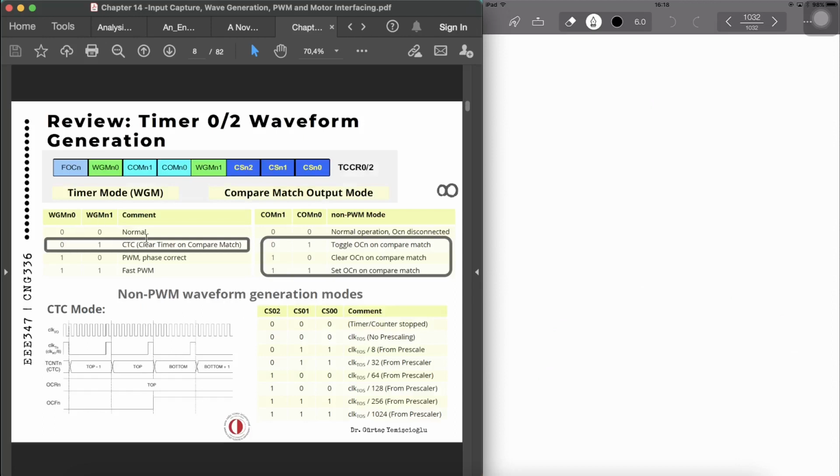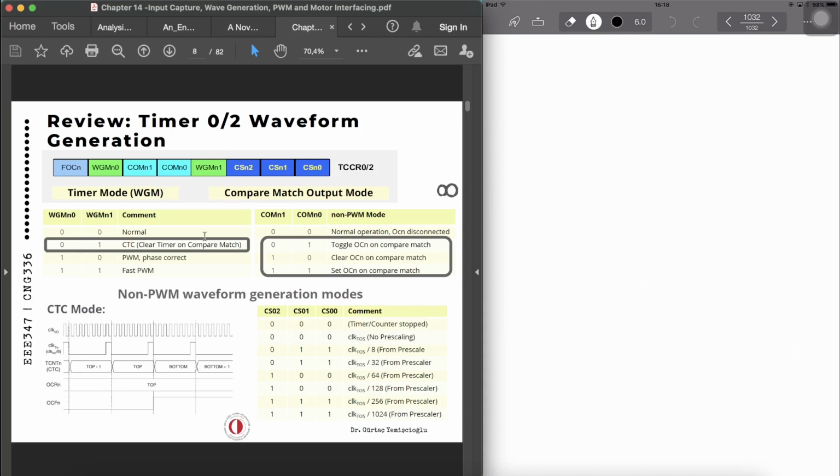Now, this is going to be in CTC mode. PWM modes we are going to see at the end of this chapter, so I'm leaving that for later. For now, in the compare match output, whenever they are matching, we can toggle, or we can just set it to 0 or set it to 1. So it depends on how you want to configure it.